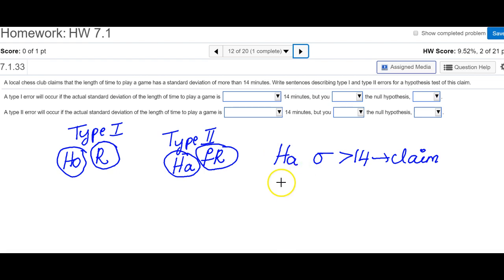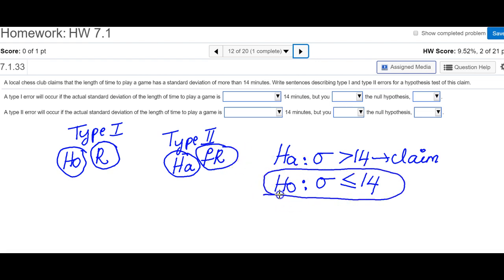This is my HA. And now my H0 is exactly the opposite. It is less than or equal to 14. So when you're looking for type 1 error, you will look for your H0 less than or equal to, your HA greater than 14.